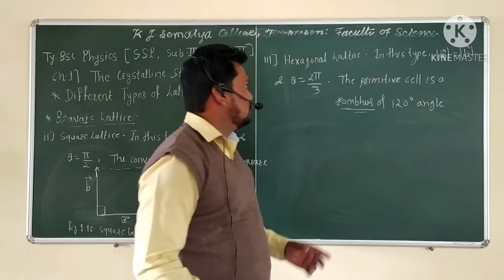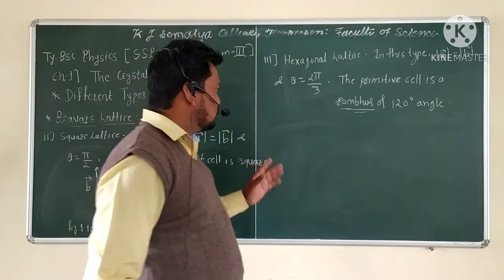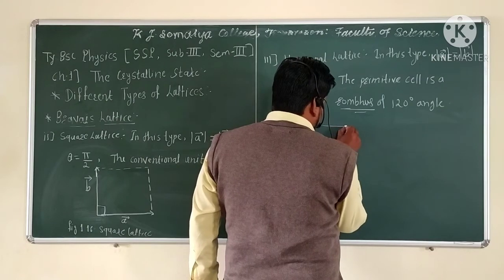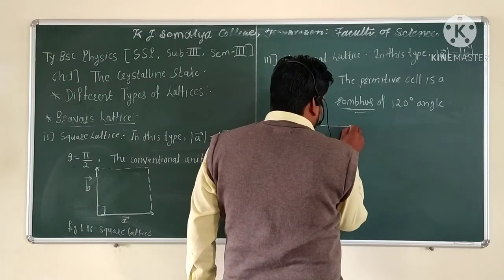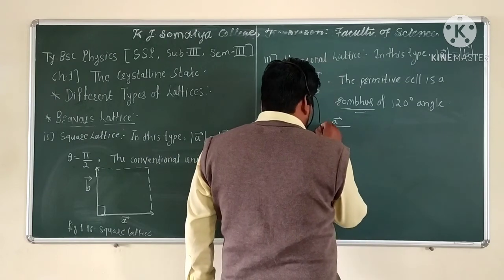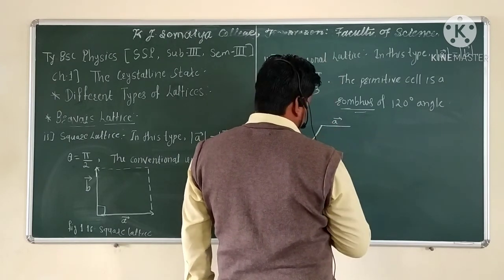the hexagonal lattice, and we have considered, for example, the angle between vector a bar and vector b bar.